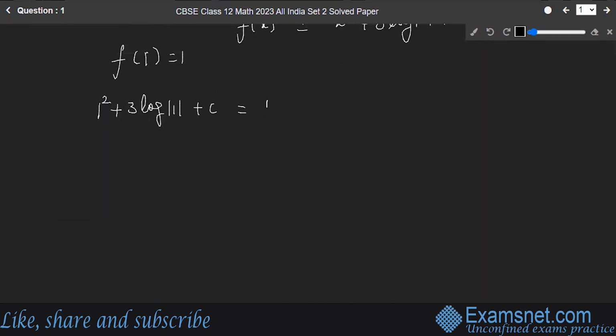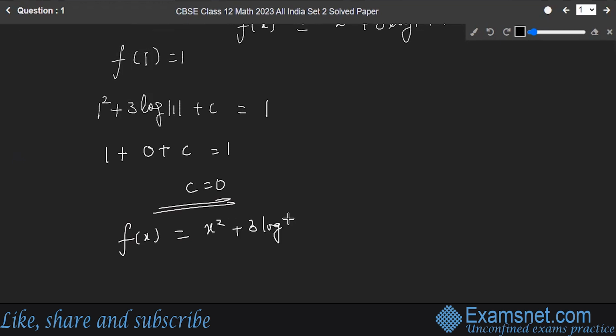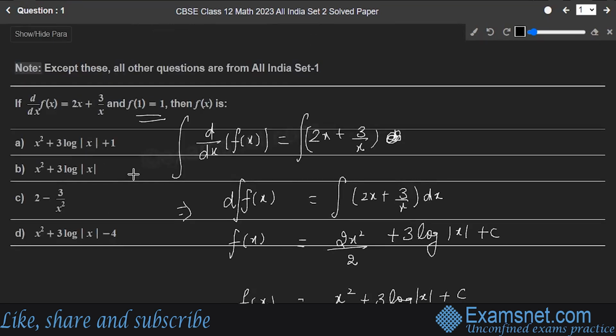So 1 plus 0 plus c is equal to 1, which gives you c is equal to 0. So what does f(x) become now? It is equal to x squared plus 3 log x plus 0. So the answer to this question is option B.